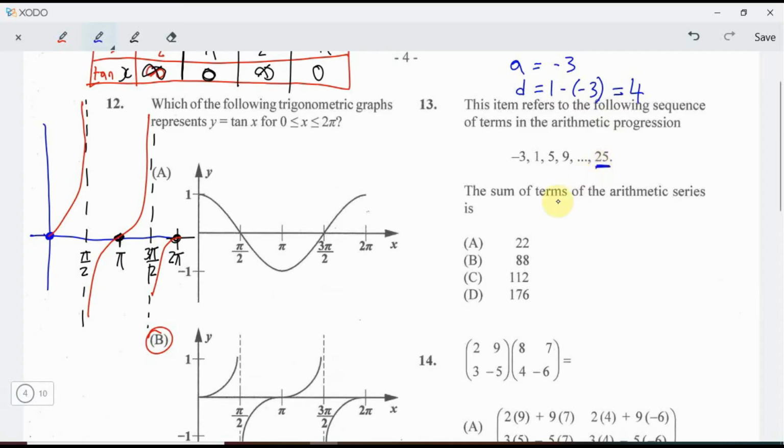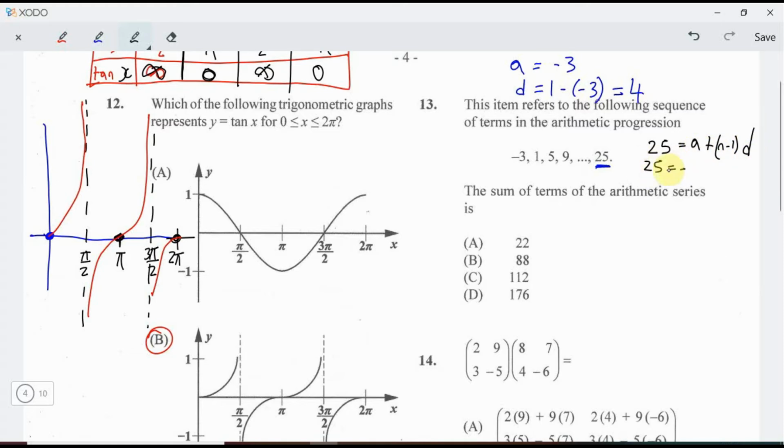Now, notice that this is a finite arithmetic progression. You know the last term in the sequence, so let's use that information to help us. We can find the last term by using the equation. So our last term, 25, is equal to a plus n minus 1 times d. Now a is negative 3.